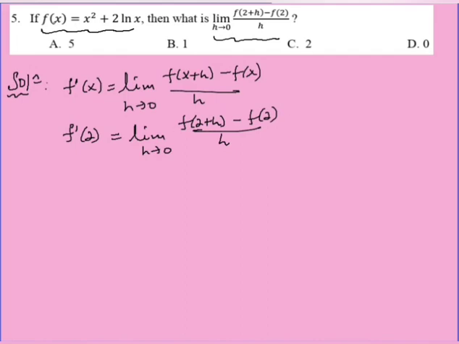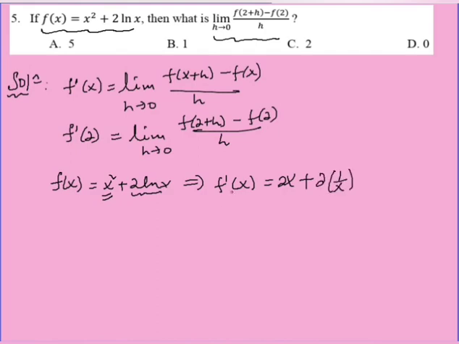So first of all, f of x is x squared plus 2 ln x, and its derivative becomes the derivative of x squared, which is 2x, plus the derivative of 2 ln x, which is 2 times 1 over x. So this is our f derivative. This limit is the same as f derivative at 2.